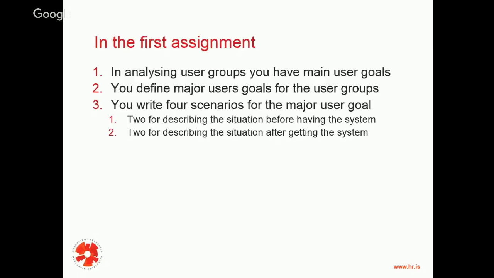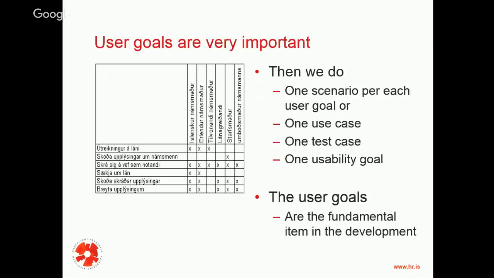And then you write 4 scenarios for the major user goals: 2 describing the situation before having the system, and 2 describing the situation after getting the system that you want to make for them.